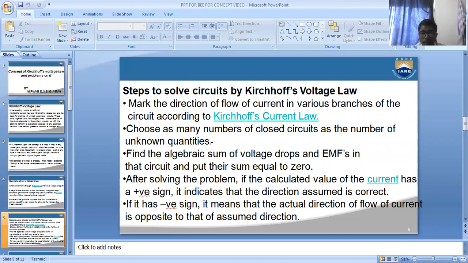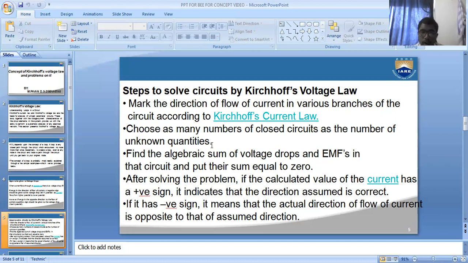After solving the problem, if the calculated value of the current has a positive sign, it indicates that the assumed direction is correct. It means that the direction of current flow we assumed is right. If it has a negative sign, it means that the actual direction of flow of current is opposite to the assumed direction, so we need to think in the opposite direction.